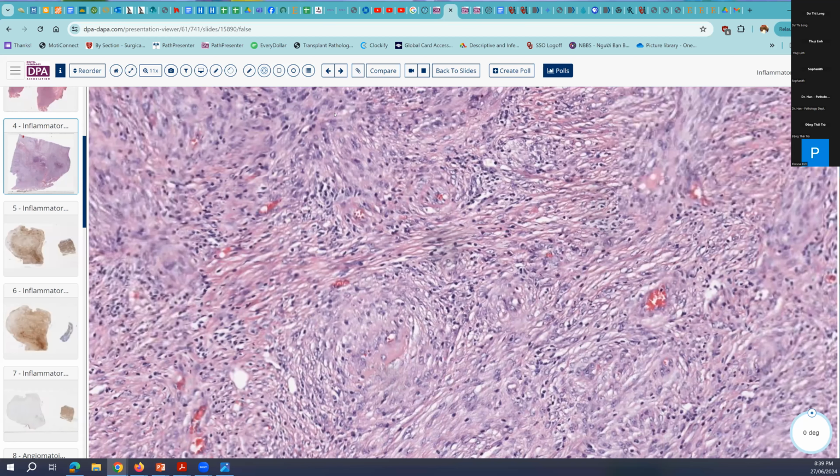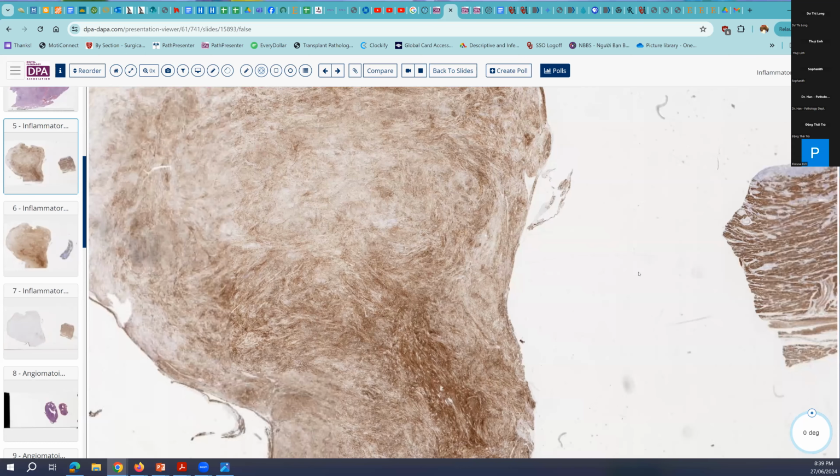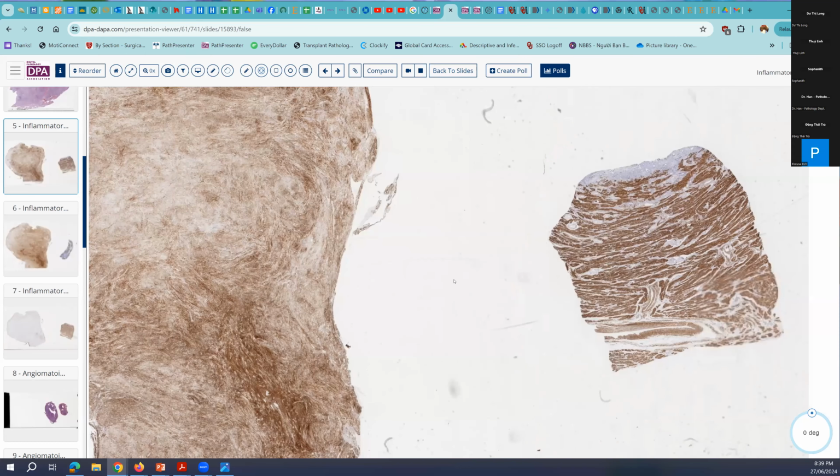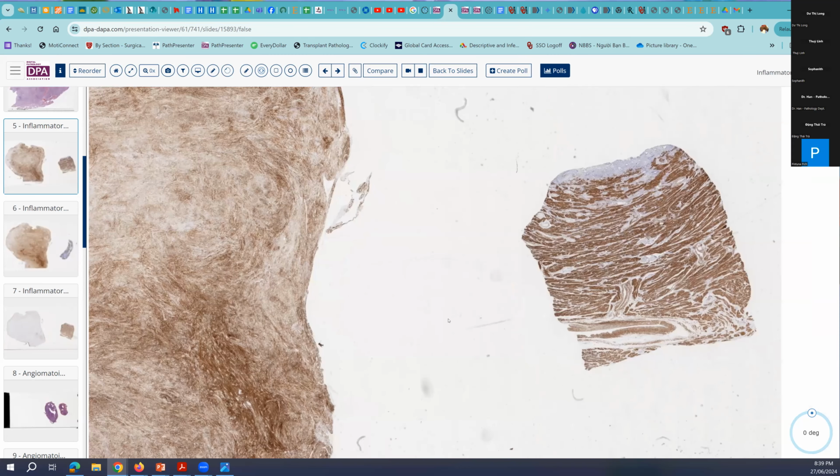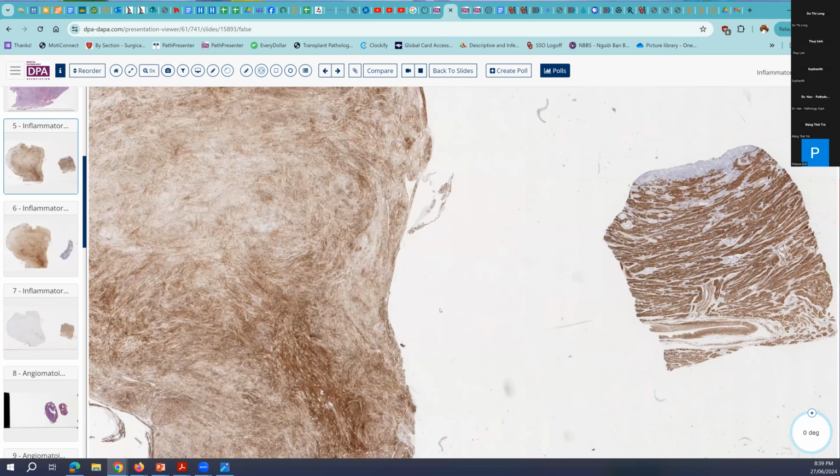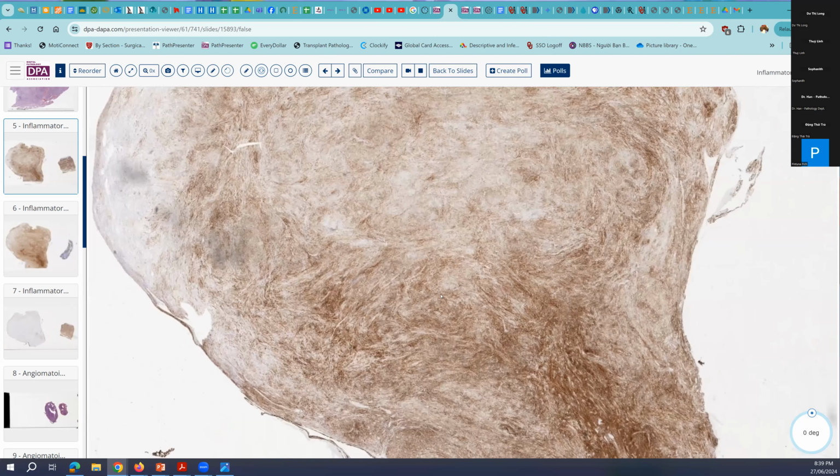And then a few myoid markers might be positive. So for example, here's this same tumor, a little bit of actin staining. You can see our control tissue over here highlights the muscle tissue. And this has a fair amount of myogenic differentiation in it.